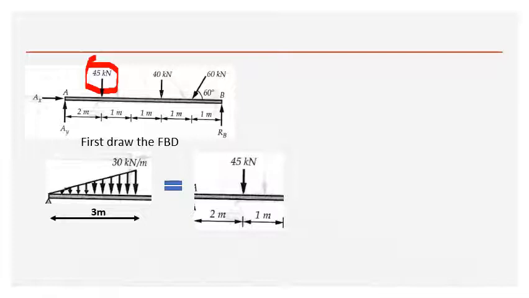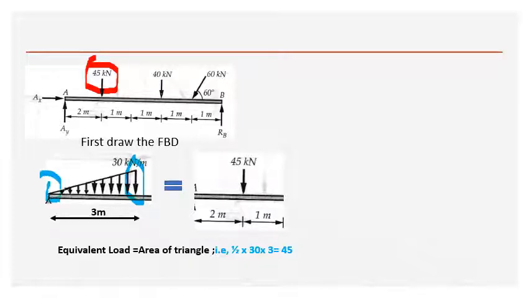How do you get it? That is nothing but the area of the triangle, half into 30 into 3, that is 45 kilonewton. And where is it positioned? That is very important. This is the maximum intensity end, this is the zero intensity end.